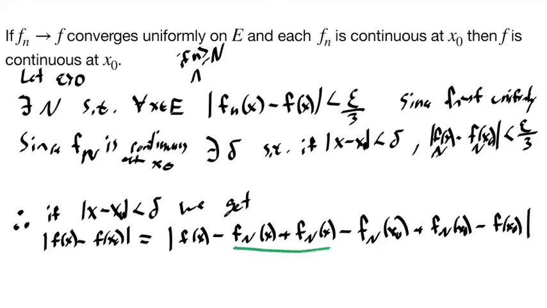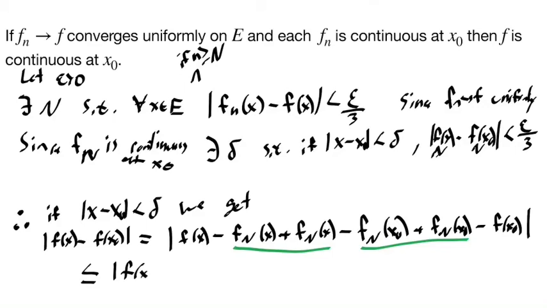So what I did was I added in a capital N at x and subtracted a capital N at x, and added in a capital N at x naught and subtracted a capital N at x naught. And what I'm really doing is I'm using these comparisons that we kind of laid out at the very beginning.